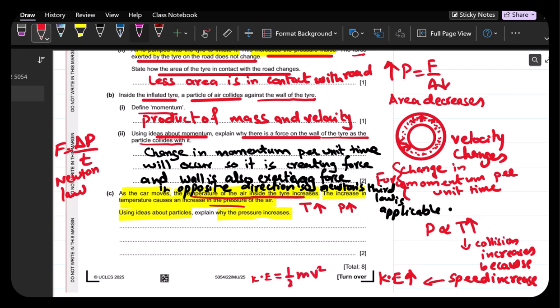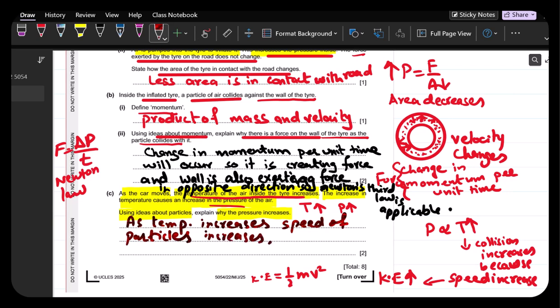So we are going to write this: as temperature increases, speed of air particles increases, due to which kinetic energy increases, therefore pressure increases. I hope this is clear.